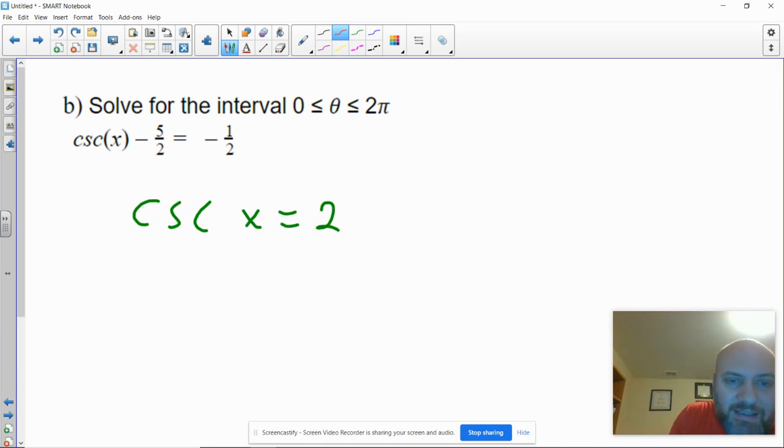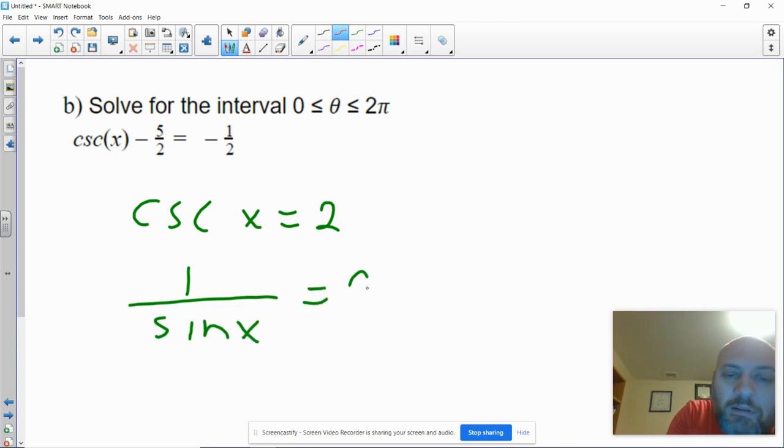Because cosecant itself is not on the unit circle, I'm going to convert cosecant using my identities to 1 over sine. And to get it so that sine is not in the denominator, I'm going to take the reciprocal of both sides so that the sine of x is equal to 1/2.